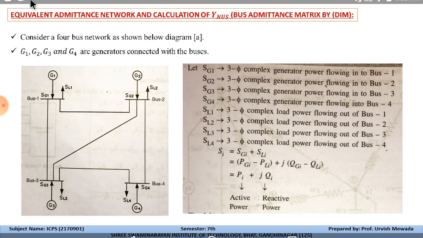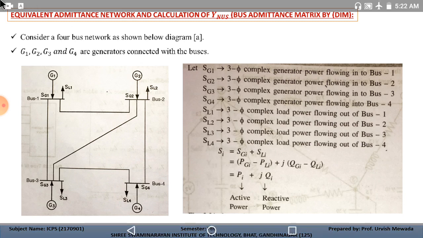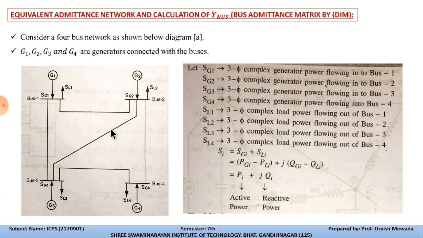In this diagram, you can see the equivalent admittance network and the calculation of Y bus, the bus admittance matrix, by DIM, meaning direct inspection method. Here, consider a 4 bus network as shown in the diagram.